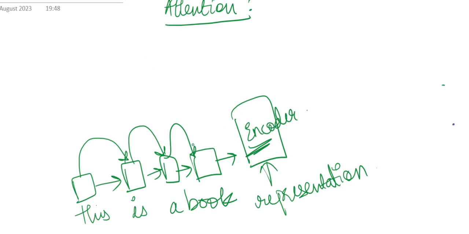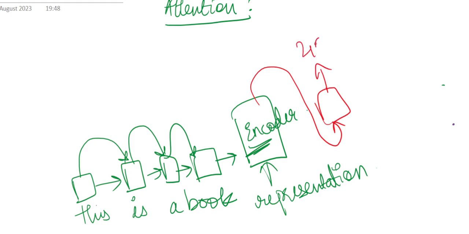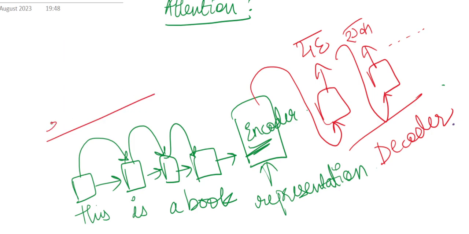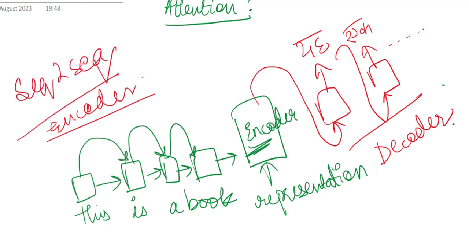It passes that information to decoder, and decoder will generate yah, the first word. Then yah is passed to generate the second word, ek, and so on. So this is the decoder part, and this is the encoder. This whole model is called seq to seq model.